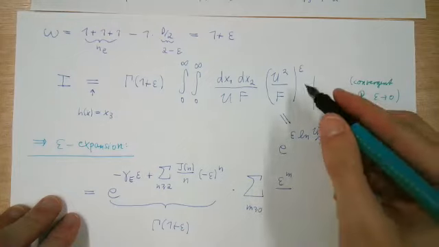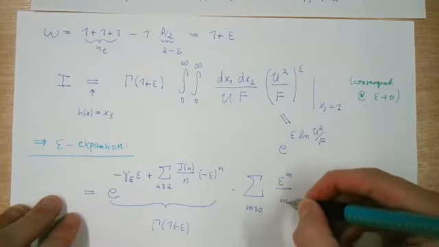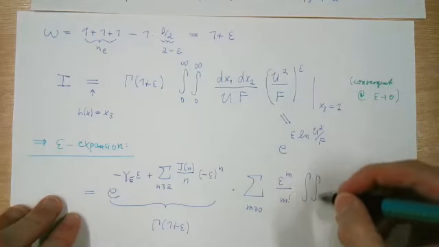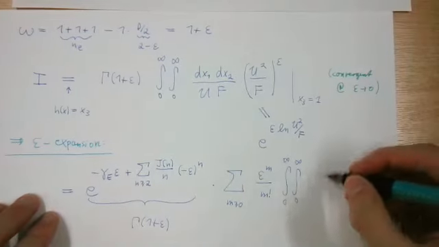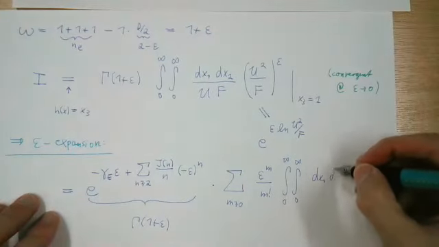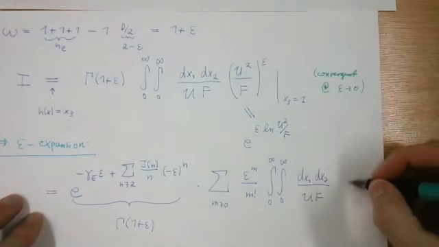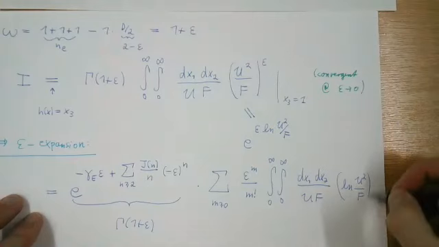And because this is convergent, you can actually commute the sum and the integral and put the power series from the exponential in front, and you're left with an integral that is now independent of epsilon. So in here, you just have dx1, dx2, over UF, and then you have this logarithm to some power.